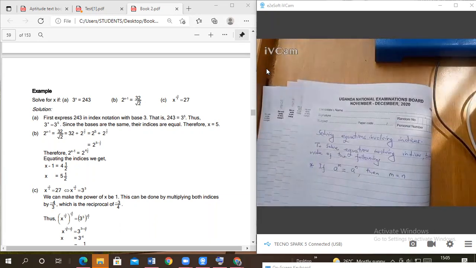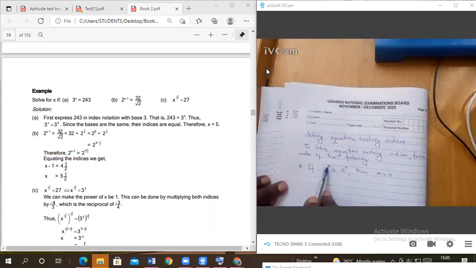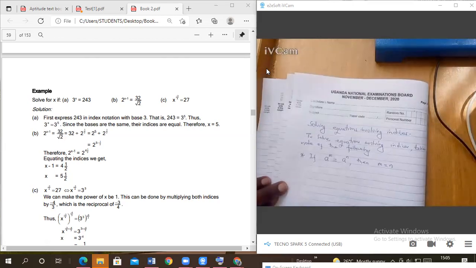Why are we saying that they are equal? If they have the same base, we equate the powers. That happens only if they have the same base. So whenever you are solving equations involving indices, our purpose is to work until we have the same base.